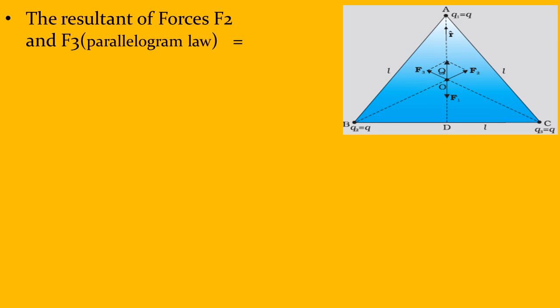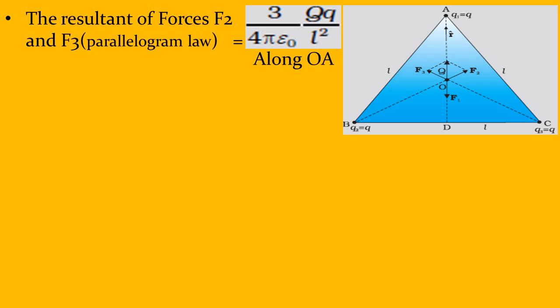The resultant of these two forces, as we said earlier, is by the parallelogram law. Now this is again 3 by 4 pi epsilon naught QQ by L square along OA. Now how is this? Because if you see in this triangle AOC, the angle OAC is 30 degrees. The angle OCA is 30 degrees.